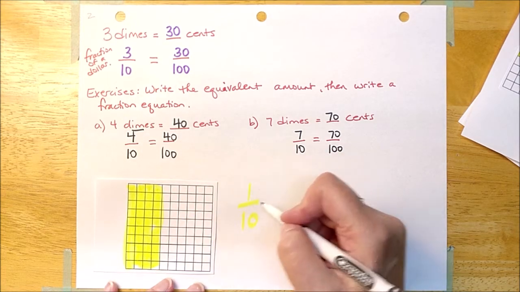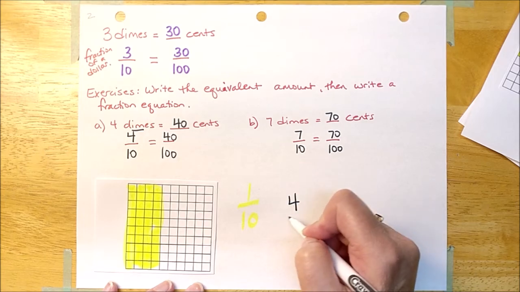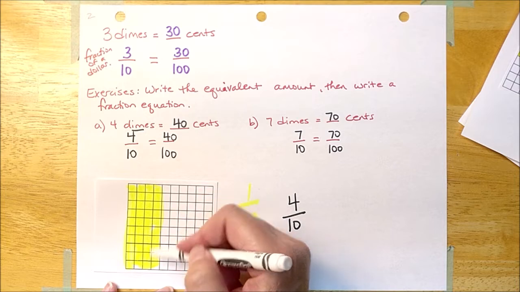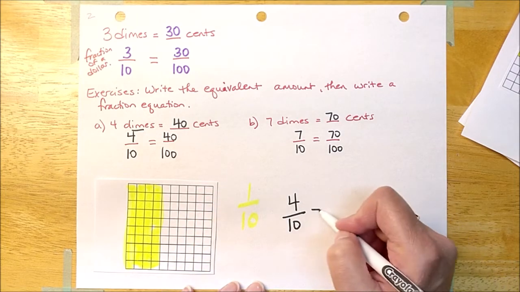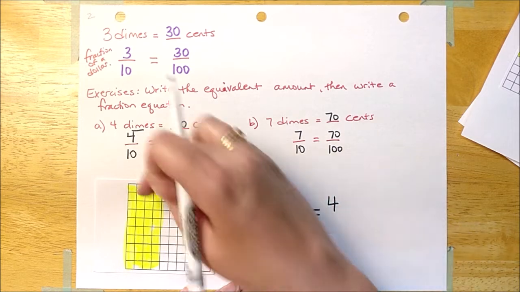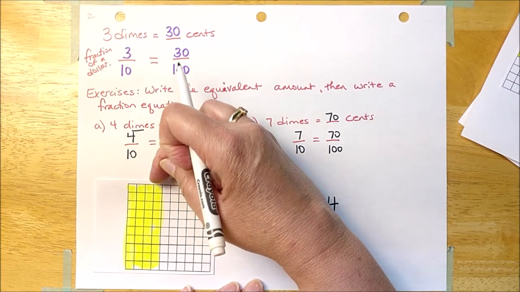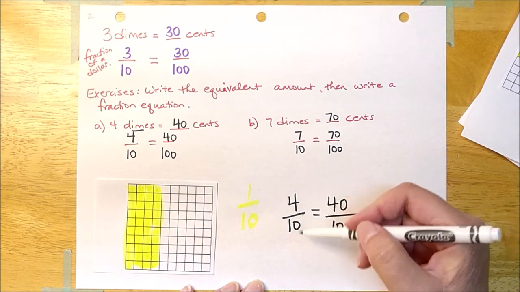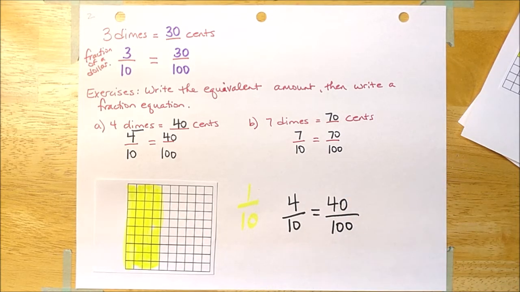Currently I have 4 columns, 1/10, 2/10, 3/10, 4/10. How many hundredths do I have colored in? I have 10, 20, 30, 40. I have 40 hundredths colored in. So 4/10 and 40 hundredths are equal. They're the same amount.